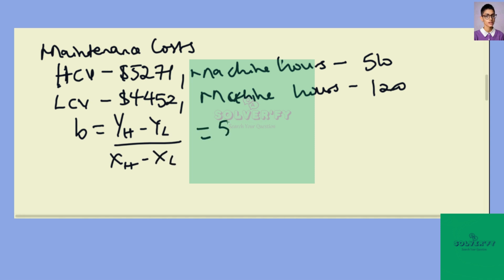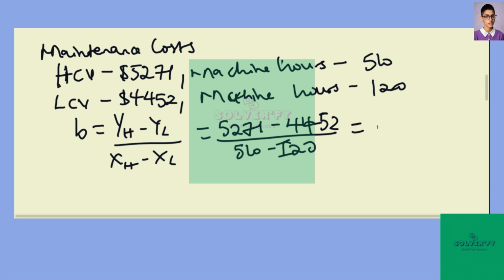So this is 5,271 minus 4,452 divided by 510 minus 120. So this equals 819 divided by 390, and then B is equal to $2.10, and that's the slope coefficient.